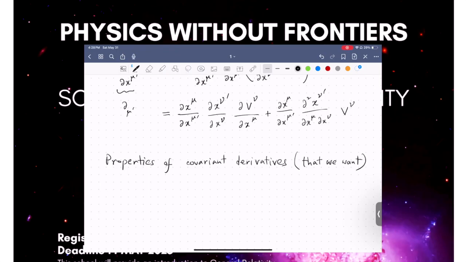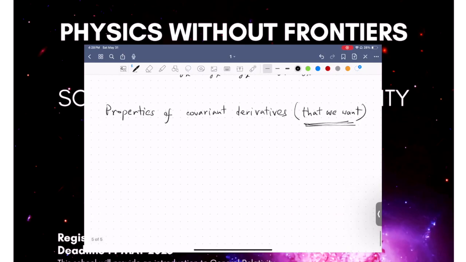Again, this part is important, right? Nothing is forcing us to choose these properties. It's simply that these seem like nice properties, and they are as close to the partial derivative as we possibly can be, which is a reasonable idea.